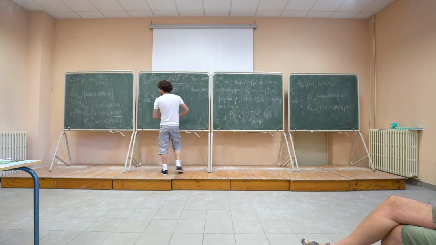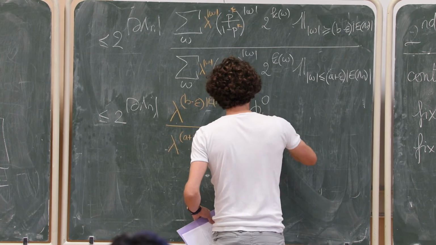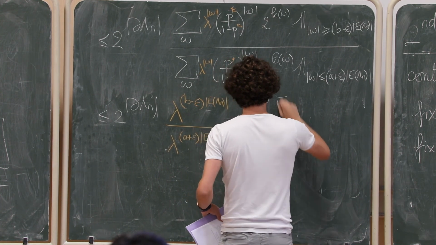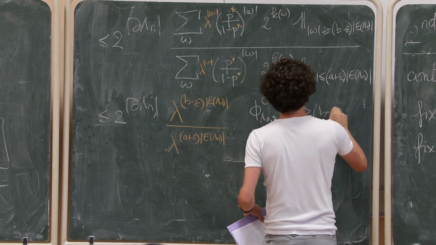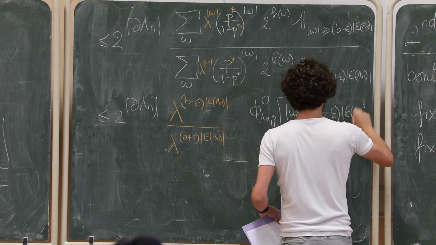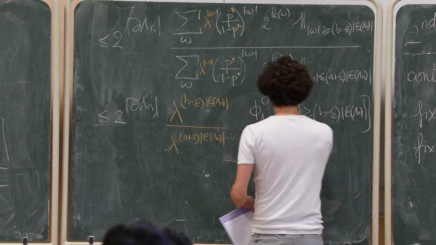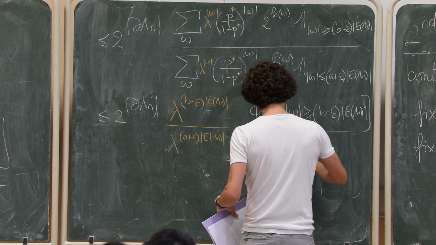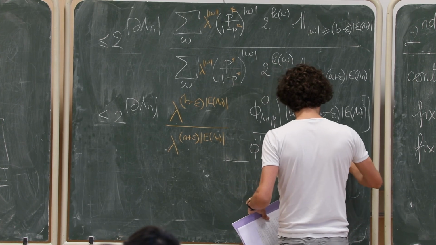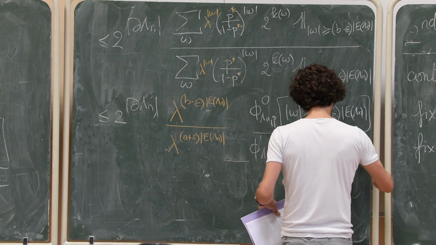It's exactly phi 0 lambda n p of omega larger or equal to b minus epsilon e of lambda n divided by phi 1 lambda n p of omega smaller or equal to a plus epsilon e of lambda n.